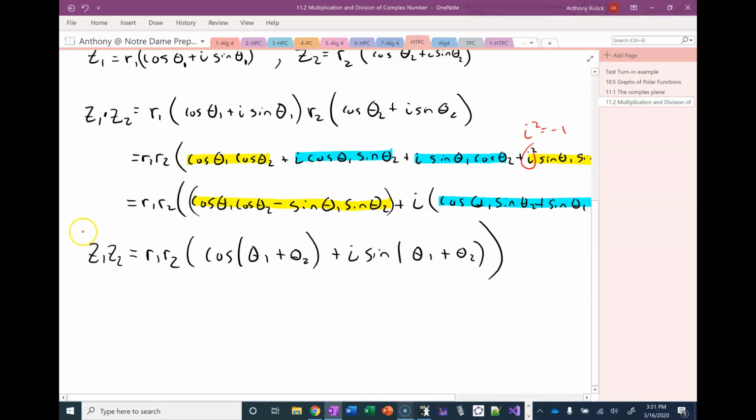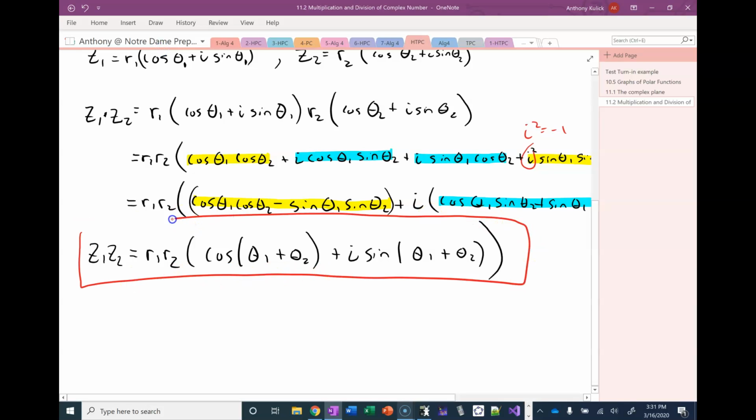And this is spectacular. Because if I multiplied 10 complex numbers together, I just multiply all 10 of their moduli together, and then I add their 10 arguments together, and I have this new r times cosine of this new argument plus i times the sine of this new argument, and we're done.